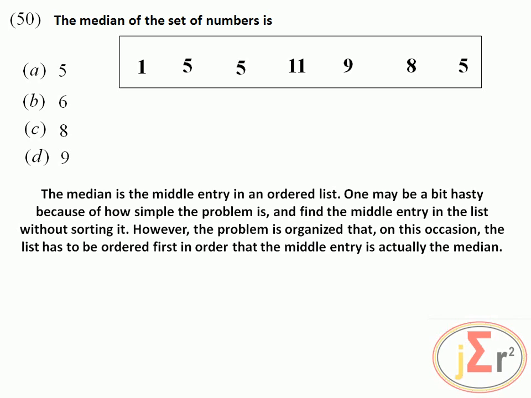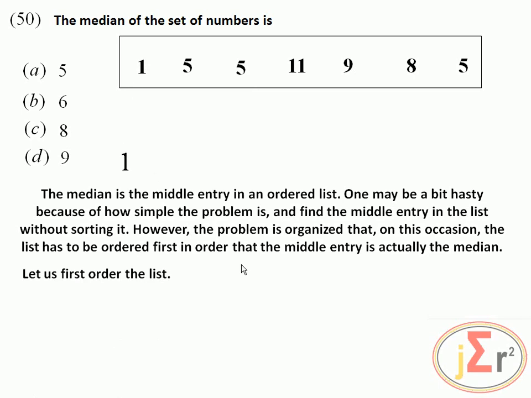However, the problem is organized such that on this occasion the list has to be ordered first in order that the middle entry is actually the median. This one is not sorted. We therefore need to sort this list in order that the median will be the middle entry. Let us go straight ahead and order the list.